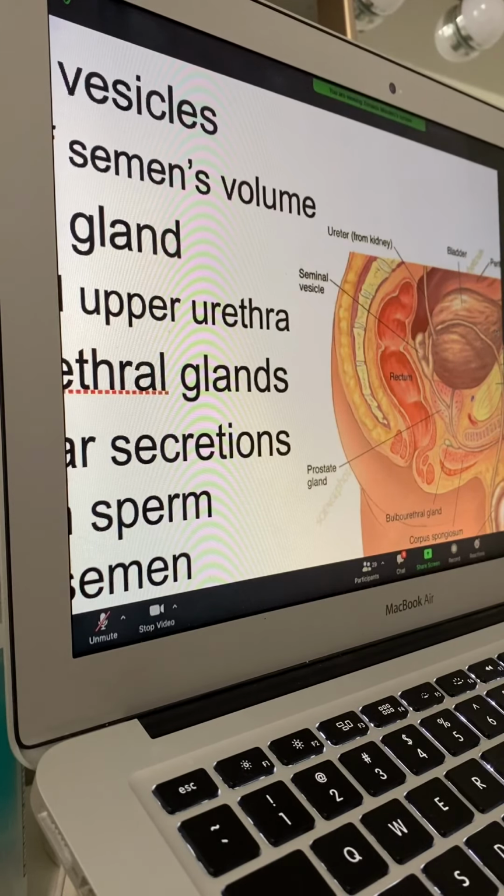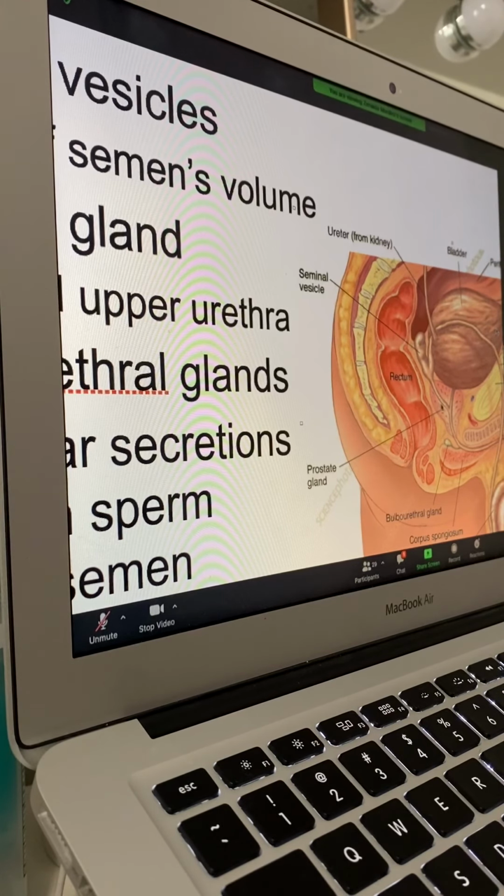So from your epididymis, the vas deferens travels to the pelvic cavity near the groin or the inguinal region, and then goes over to the posterior end of your bladder. This is the bladder. And then it will enter the surface of your prostate gland. The urethra is enclosed by your prostate gland.